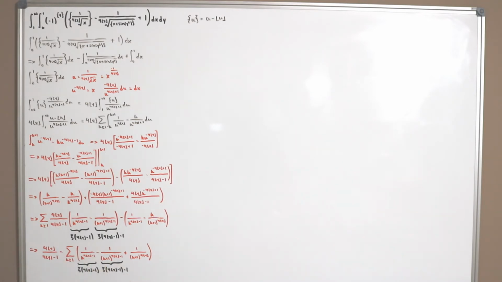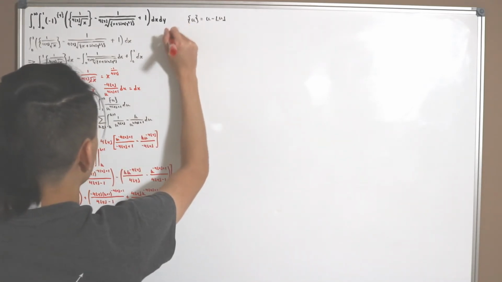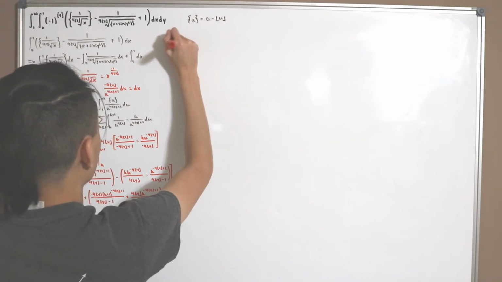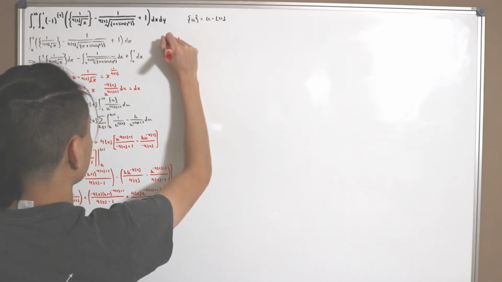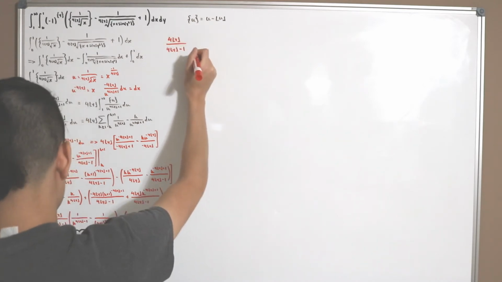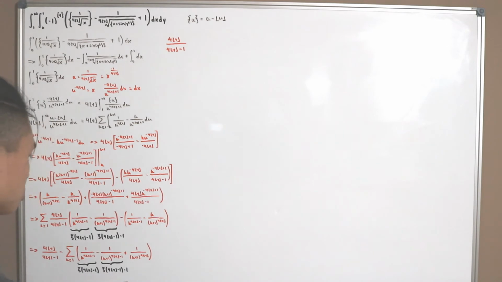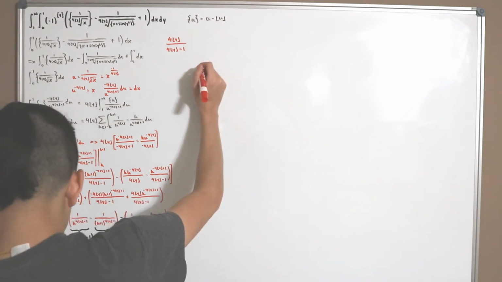So that can be moved outside, and rewriting this, we get 4 floor y divided by 4 floor y minus 1. And then this piece, they cancel, and we're just left with negative 1, so the negative distributes and you get a positive.